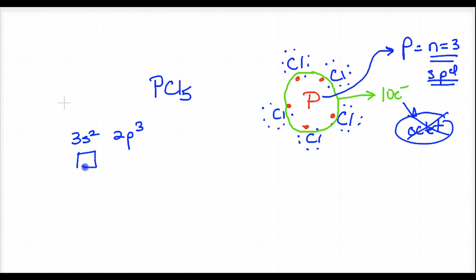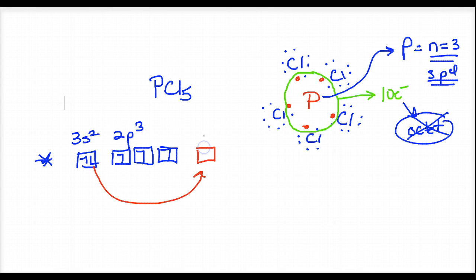Okay, if you put the s's in, and it's important you understand the basics here. With some energy, this electron is excited to a d orbital that it does have, even though there's no electrons there. I'm sorry, this is 3s2, 3p3, and this is 3d, and it jumps to the 3d.